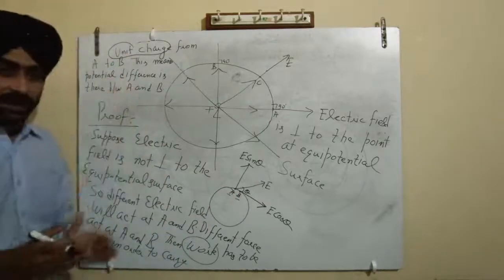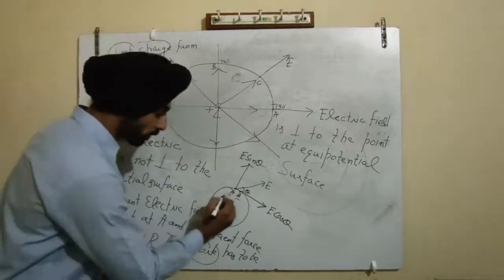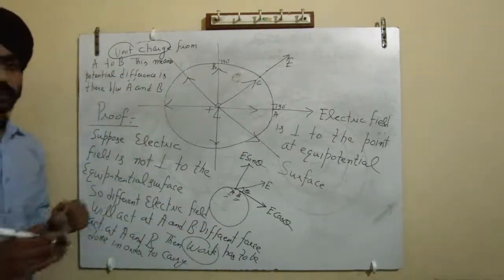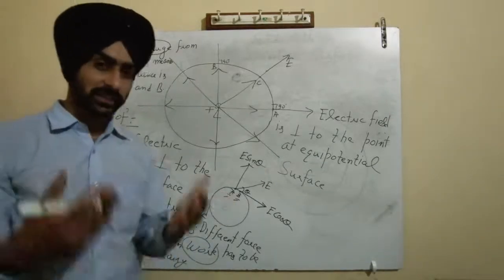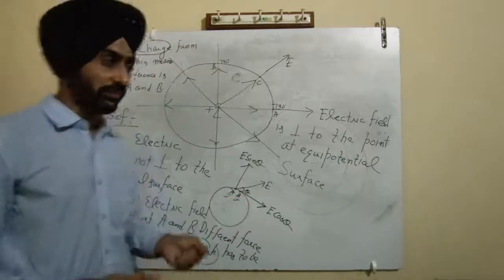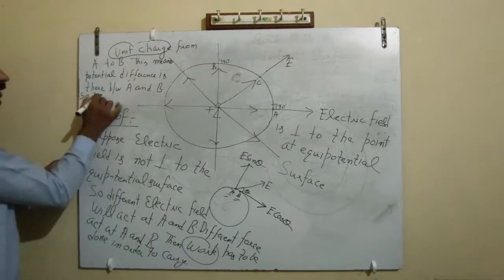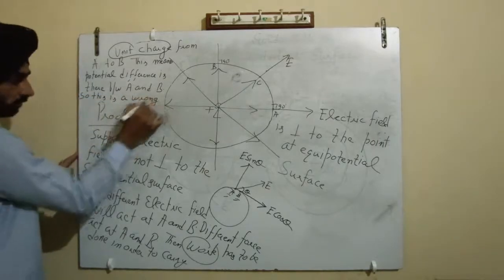This is saying they have different potential. But according to our definition, A and B have the same potential because they lie on the equipotential surface. So this is a wrong result.